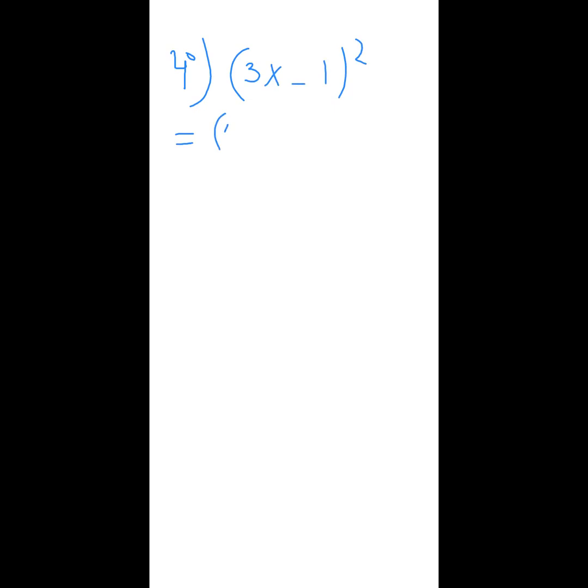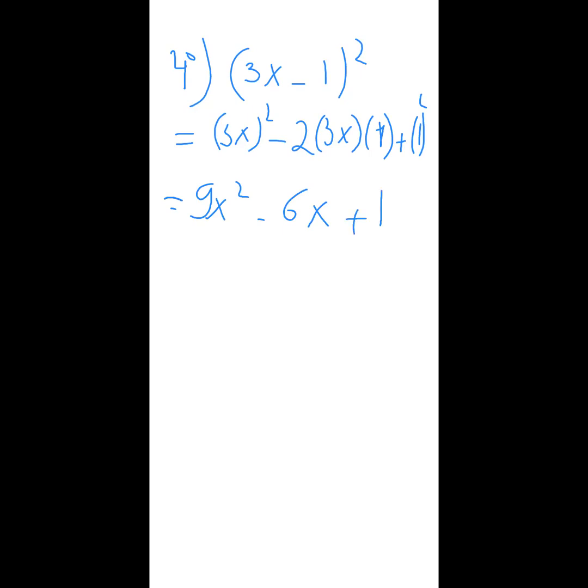So similarly نعمل applying the remarkable rule, squaring the first minus 2 into the product of the two terms plus the squaring of the second one, which is equal to 9x squared. ليش 9؟ لأن أكيد السكوير بده ينزل على both. Minus 2 times 3 times 1, it's 6x. 1 squared, finally it's 1.